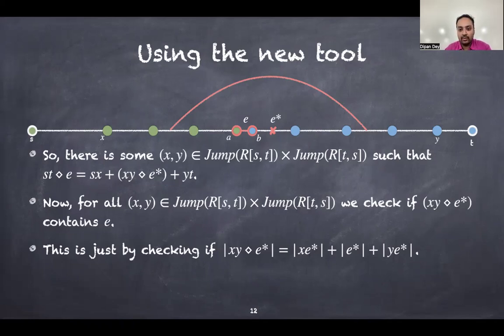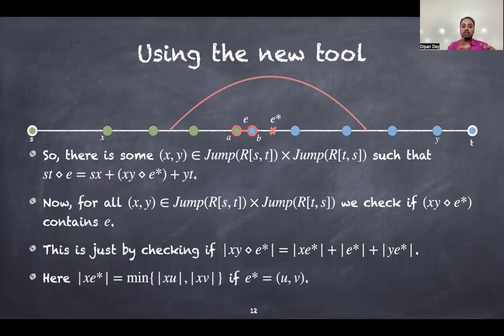And if xy avoiding E star does not contain E, then it is a candidate to become such a particular x and y pair. So we take all those pairs and take the minimum of all those distances, and the minimum of those distances will be exactly equal to st avoiding E.